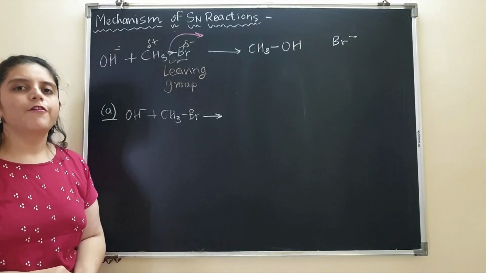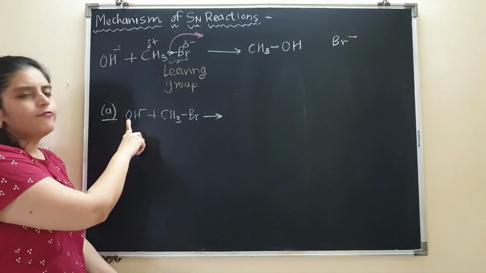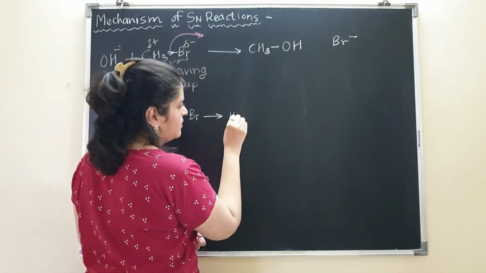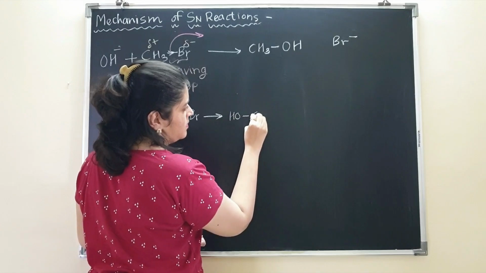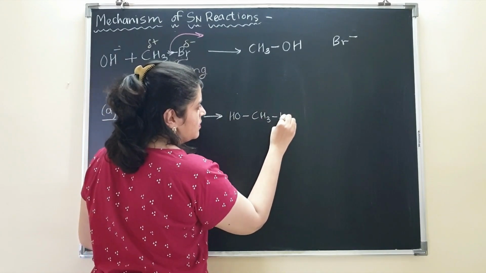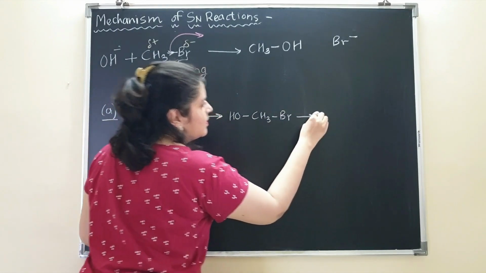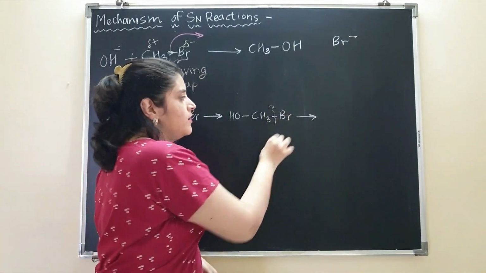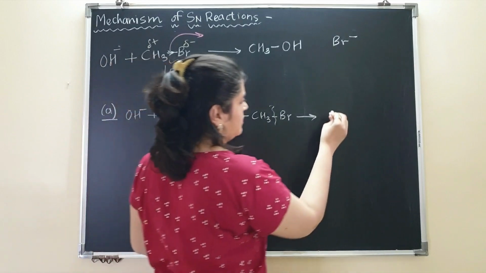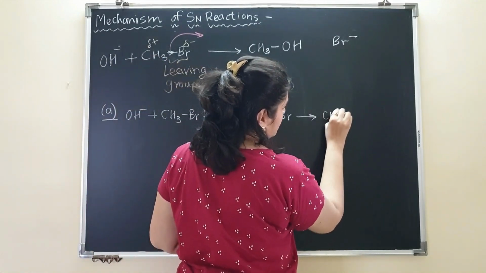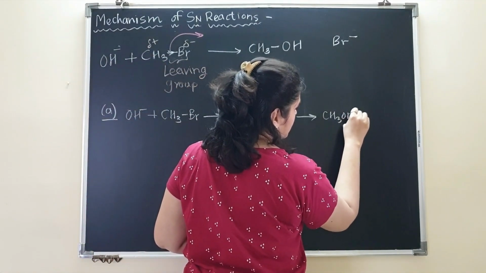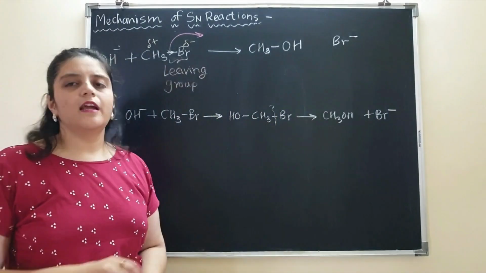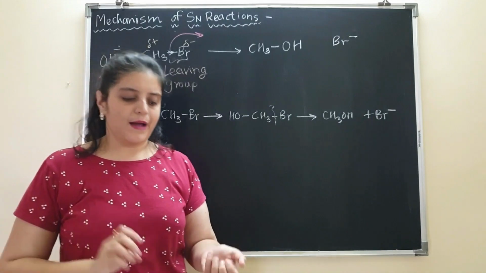What will happen first is bond formation of OH and CH3, and then what may happen is breaking of this bond, to form CH3OH plus Br minus.